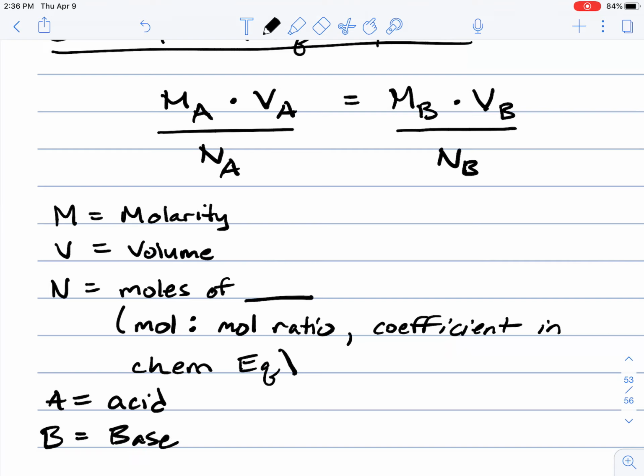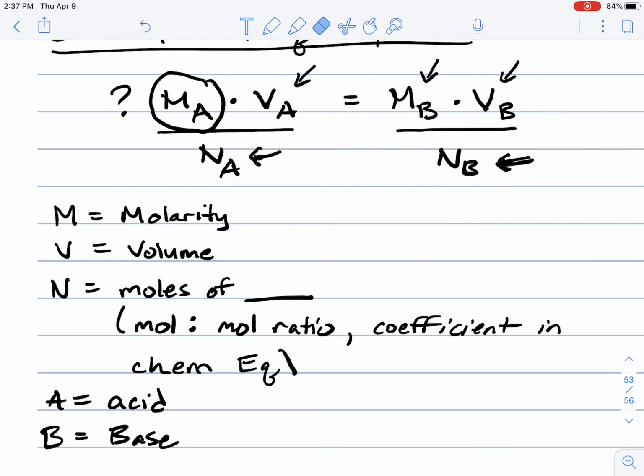And so what this is basically telling you is that if you are trying to solve for the molarity of the acid, then you need to determine the volume of the acid, the stoichiometric equivalence of the acid from the balanced chemical equation, determine the molarity of the base, the volume of the base, and the mole to mole or the coefficient of the base from your balanced chemical equation. And then all you have to do is solve for MA using algebra, and then you're done.